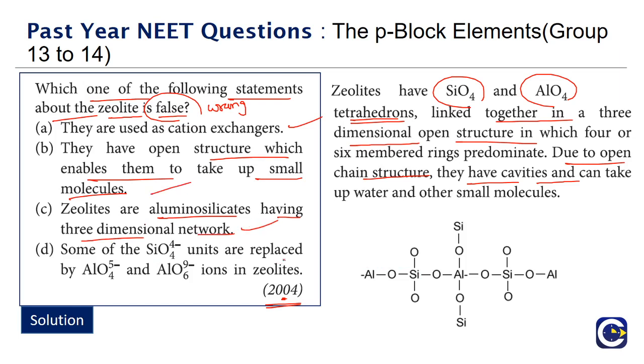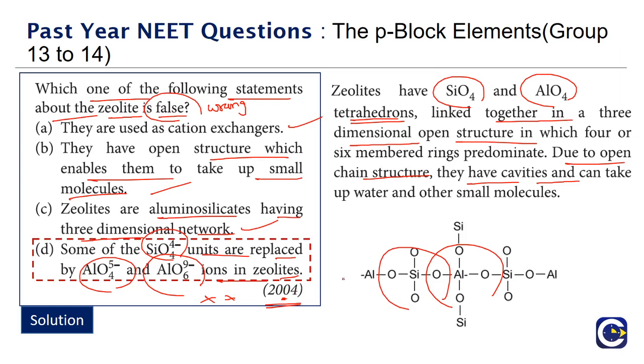So B is correct, C is correct. Option D says that some of the SiO4 4- units are replaced by AlO4 5- or AlO6 9- ions in zeolites. This is incorrect, because both the SiO4 and AlO4 units are linked together in a three-dimensional open structure. So the one that is incorrect is option D.